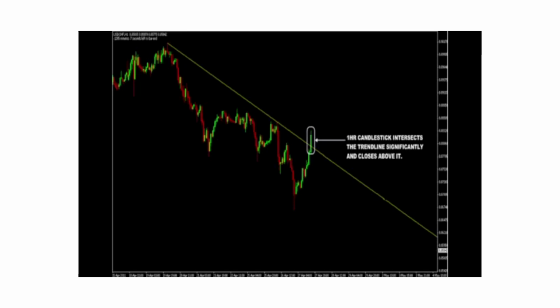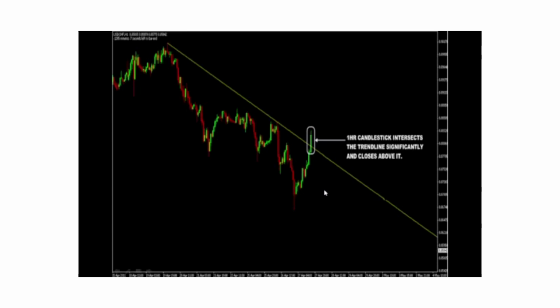If a candlestick just intersects but fails to close above or below a downward or upward trend line, then expect the trend line to be obeyed. So in other words, if a candlestick closes within this range inside here, then expect the price to obey and fall back into the direction. This is just how it works.